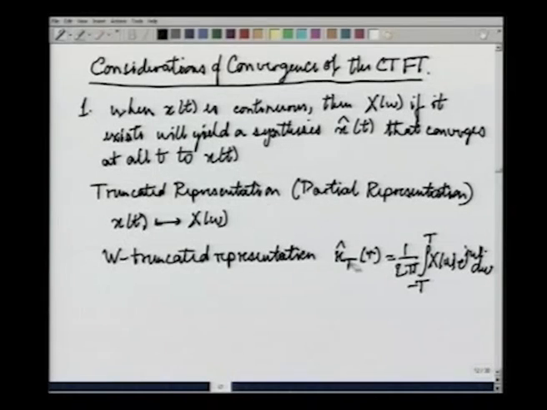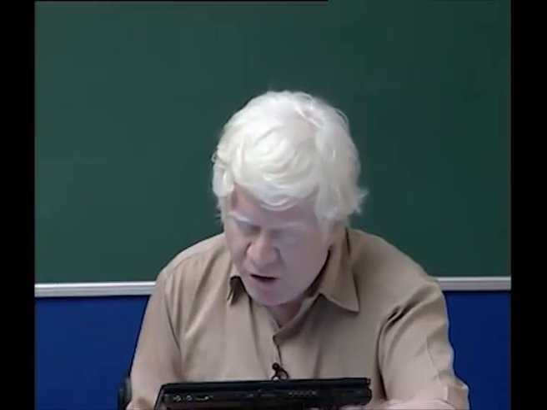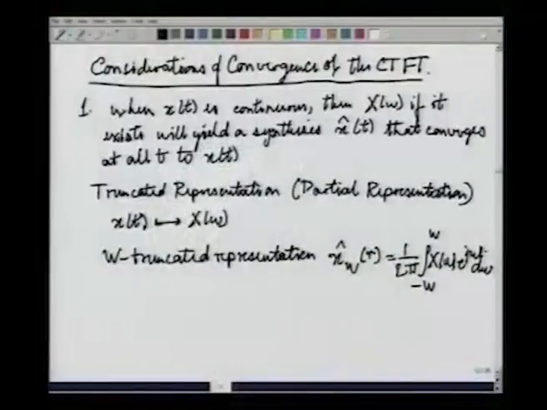Therefore we will call this x hat W of t, the synthesis carried out from minus W to W. Since W is finite and not equal to infinity, and minus W is not equal to minus infinity, some of the information in the transform is being lost and only partial information is being used to reconstruct the original signal, or to attempt to reconstruct it. That is why we call this x hat W of t.